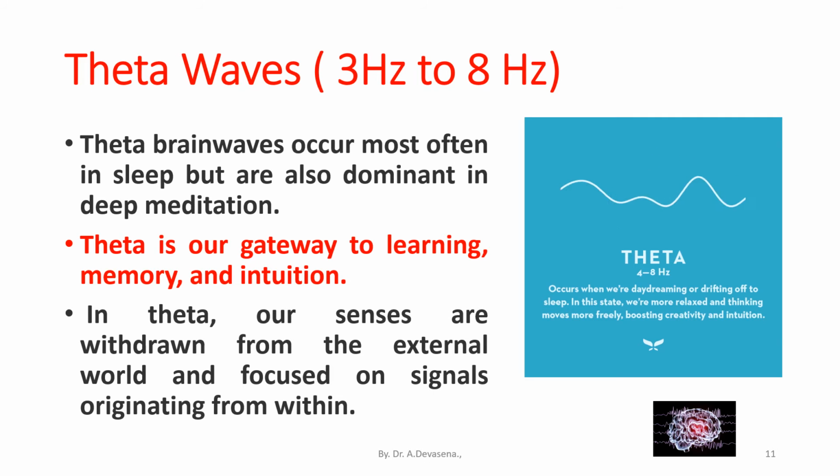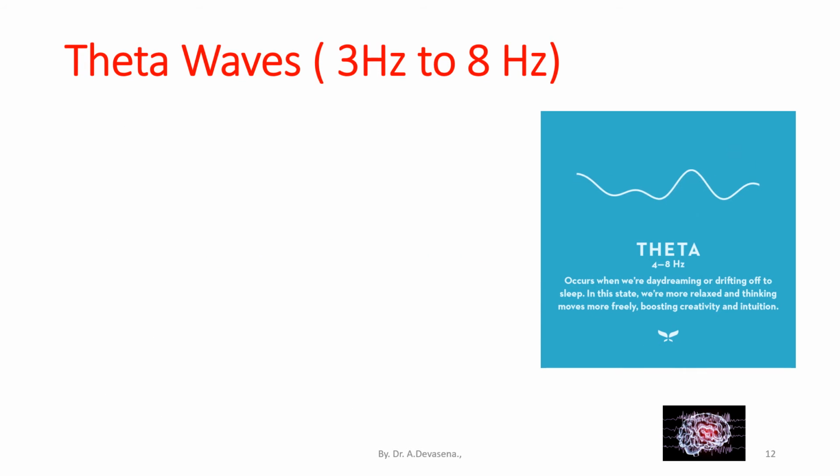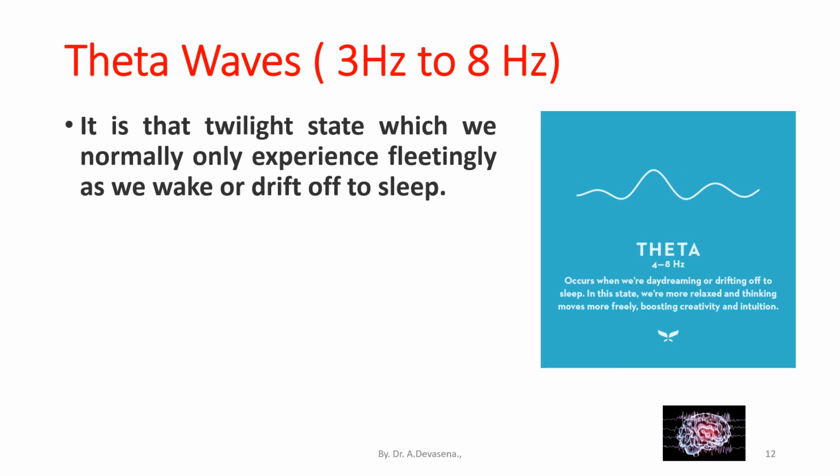In theta, our senses are withdrawn from the external world and focused on signals originating from within. It is that twilight state which we normally only experience fleetingly as we wake or drift off to sleep.